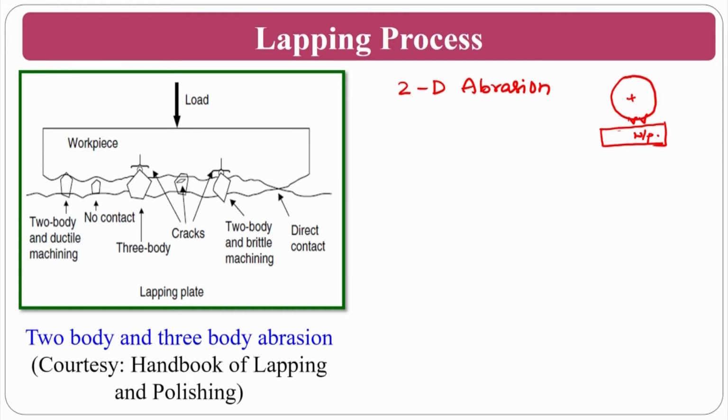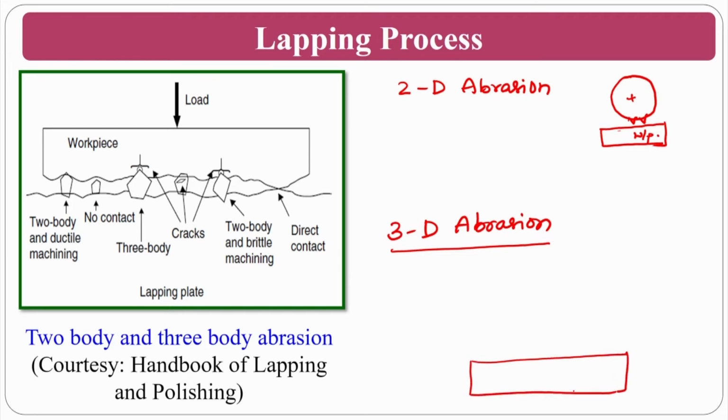Now, 3D abrasion. In a 3D abrasion, what will happen? Lapping is a good example. You have a workpiece at the bottom, and you have abrasive particles, which are carried by the carrier medium. So you have a lap on the top side.